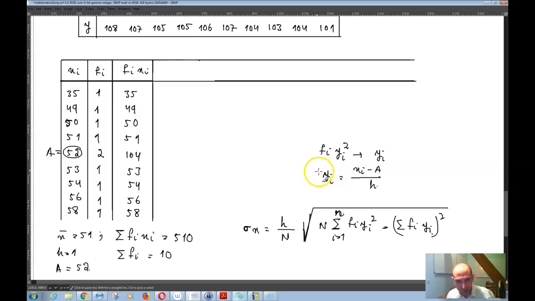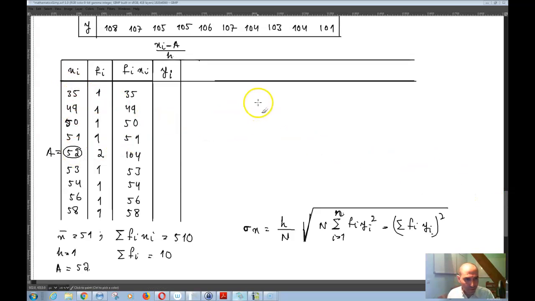And so y of i is going to be equal to x of i minus a divided by h, and h is equal to 1, so you don't need to worry about that. So that's really only x of i minus a. So x of i minus a is equal to, for example, 35 minus 52, 49 minus 52, 50, and so on and so forth.